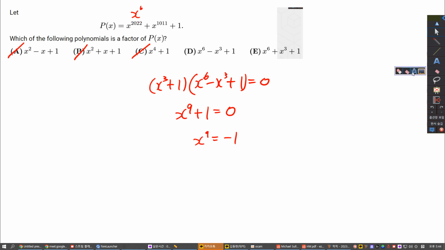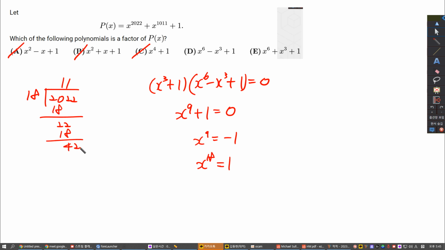But to make sure, let's square this. x to the 18th power is equal to 1. So if we divide this by 18, the remainder is 6. And how about 1011?